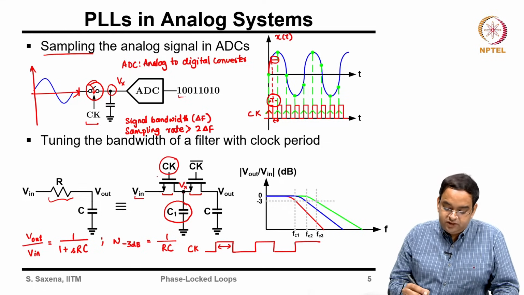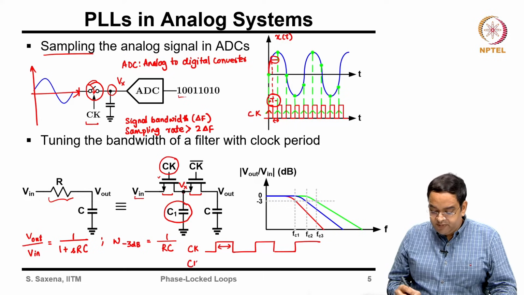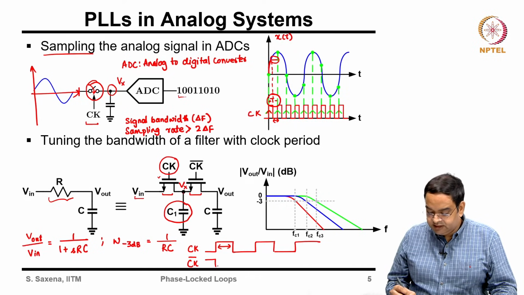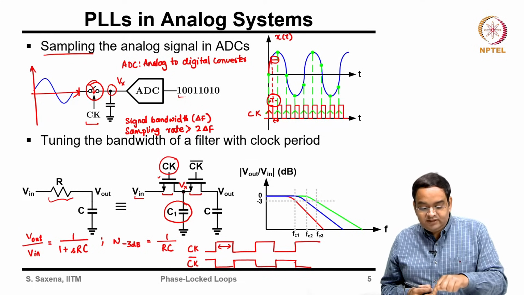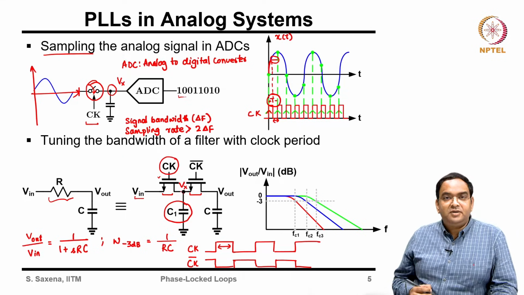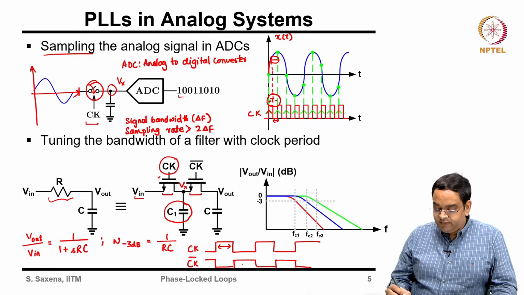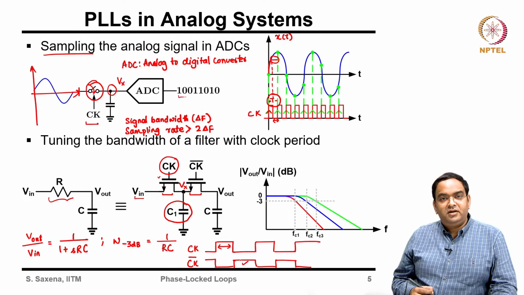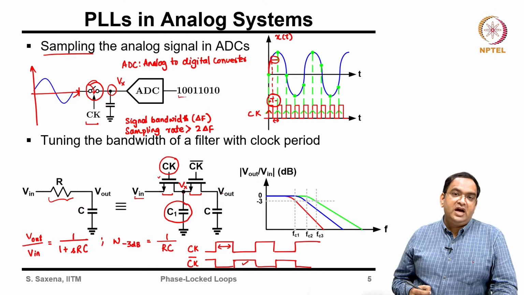So, the switch on the left turns on when Ck is high. Ck bar is nothing but the inverted version of this signal. So, when Ck is high, the NMOS connects the Vx node to Vin and your Vin comes at the Vx node. When Ck is low, at that time Ck bar is high, and your Vx node connects to Vout.